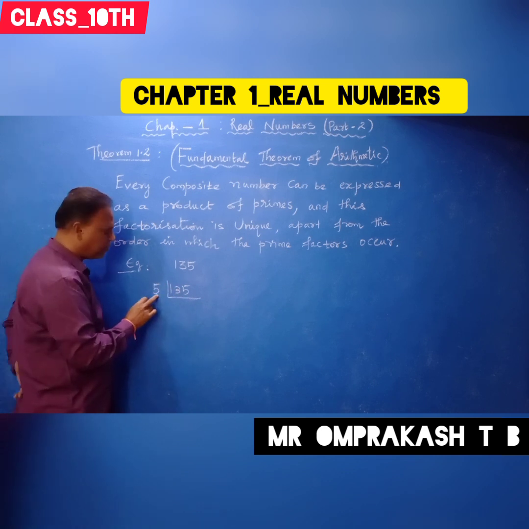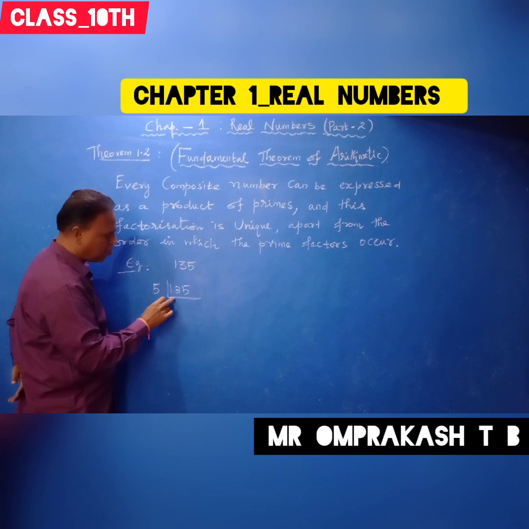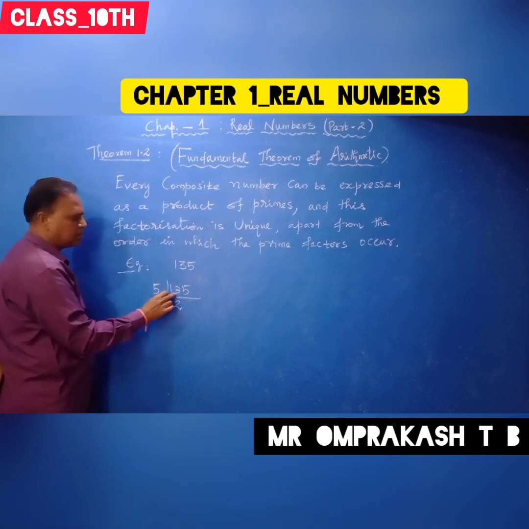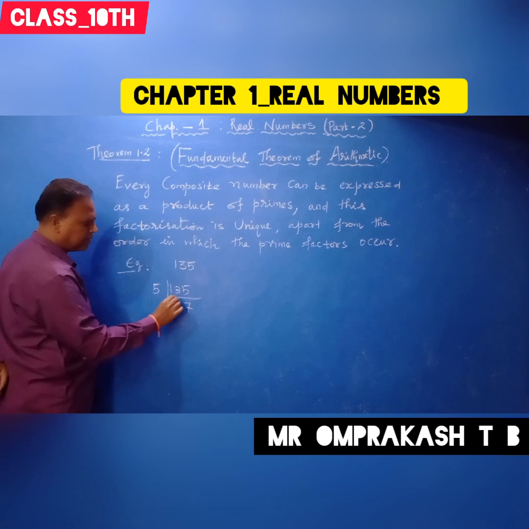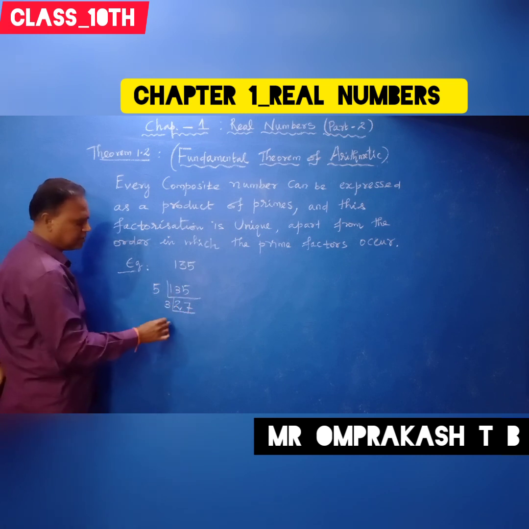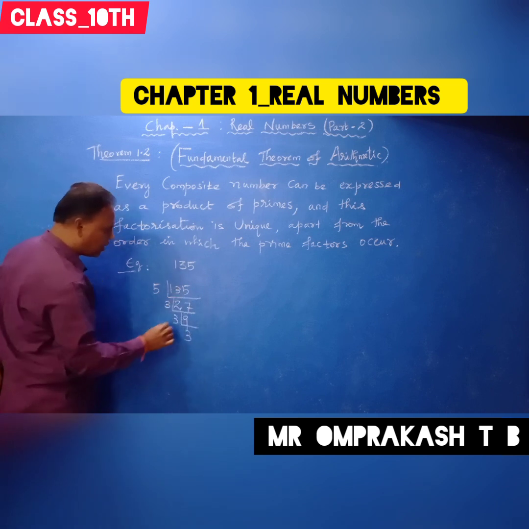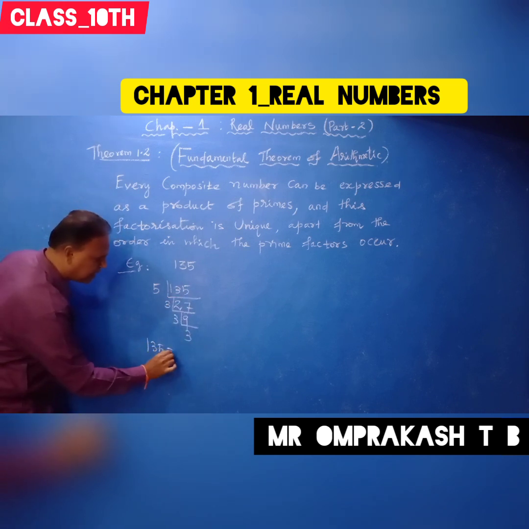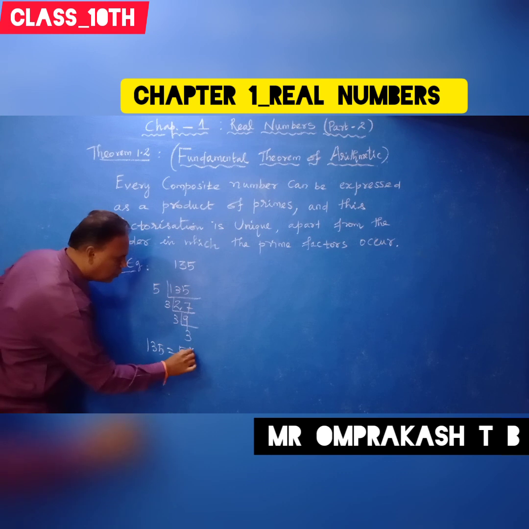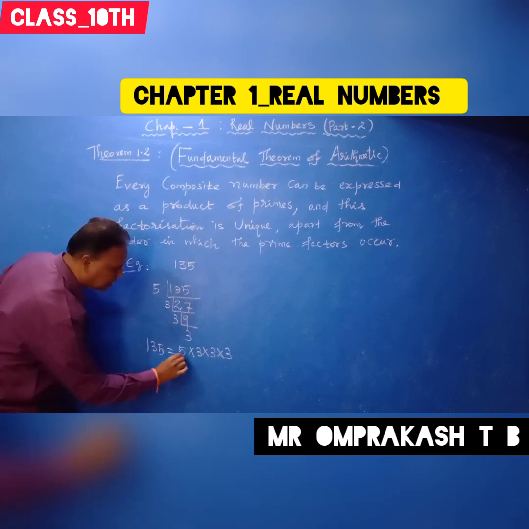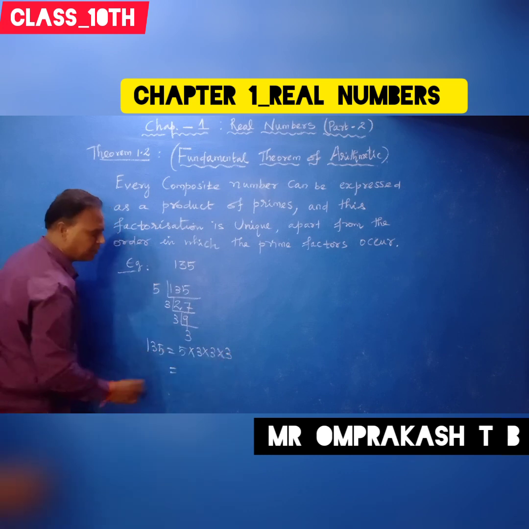Here 5 divides how many times? 27 times. So 135 is 5 into 27, and 27 is 3 into 9, again 3 into 3. So this 135 can be written as 5 into 3 into 3 into 3. That is nothing but a product of primes.